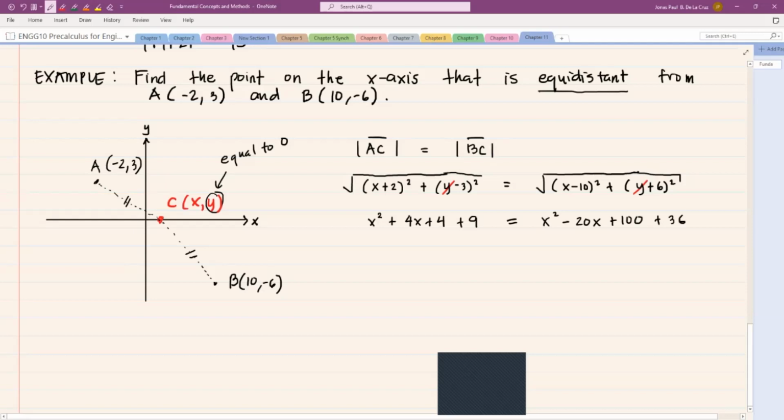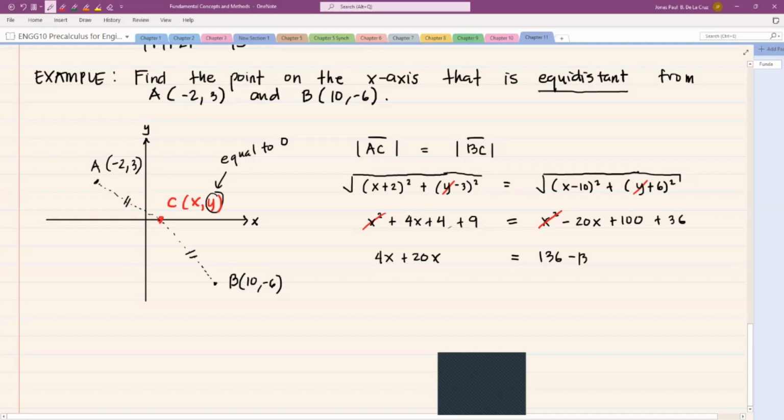Okay? So, we can cancel itong x squared kasi parehas na merong x squared on both sides. So, ang natira is 4x. Tapos, dagdag natin yung 20x. So, that's 24x equals 136, pag pinag-add natin yan, tapos i-minus natin yung 36. 13 pala, 4 plus 9 is 13.